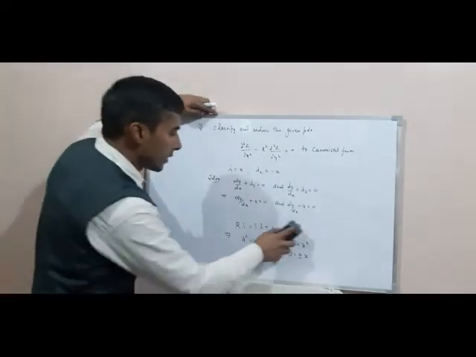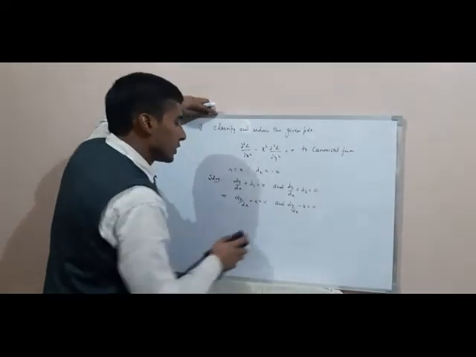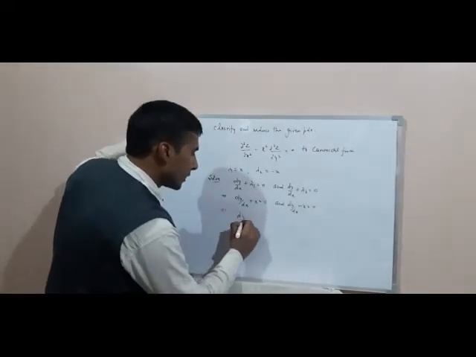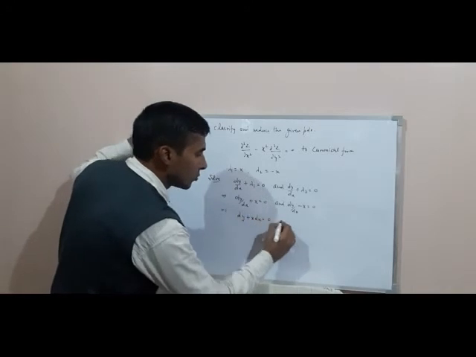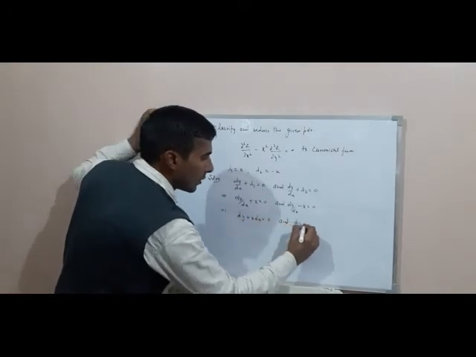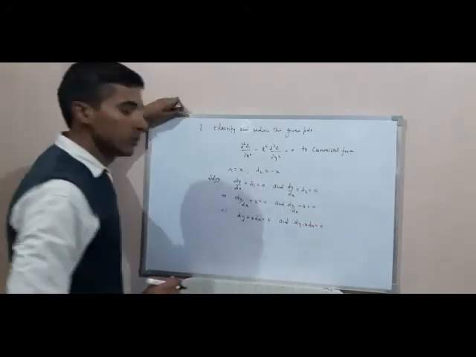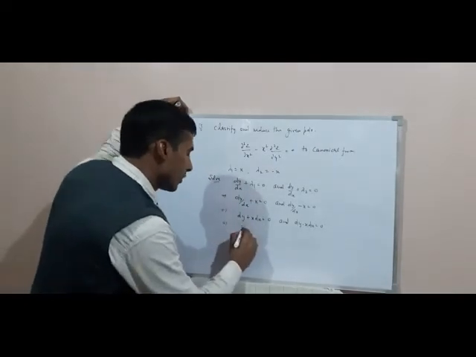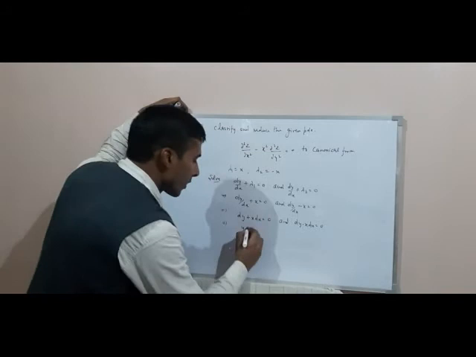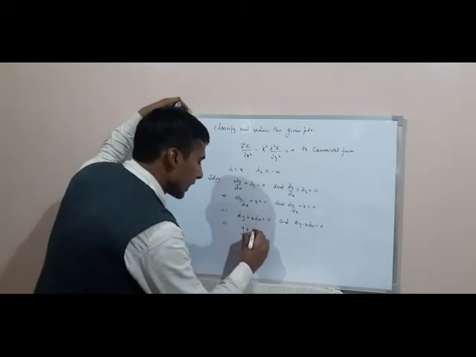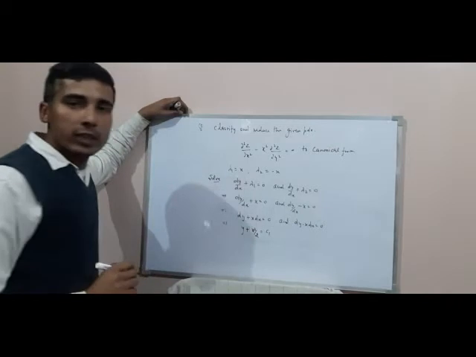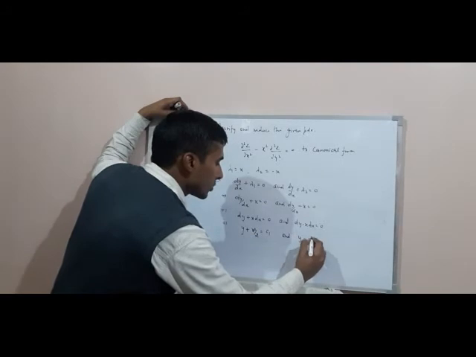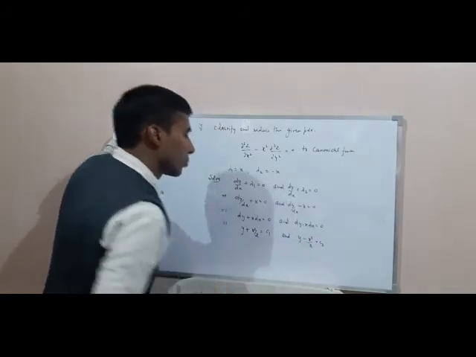Firstly we separate the variables and then solve. We can rewrite these as dy + x dx = 0 and dy − x dx = 0. Integrating both sides, we get y + x²/2 = c1 and y − x²/2 = c2.